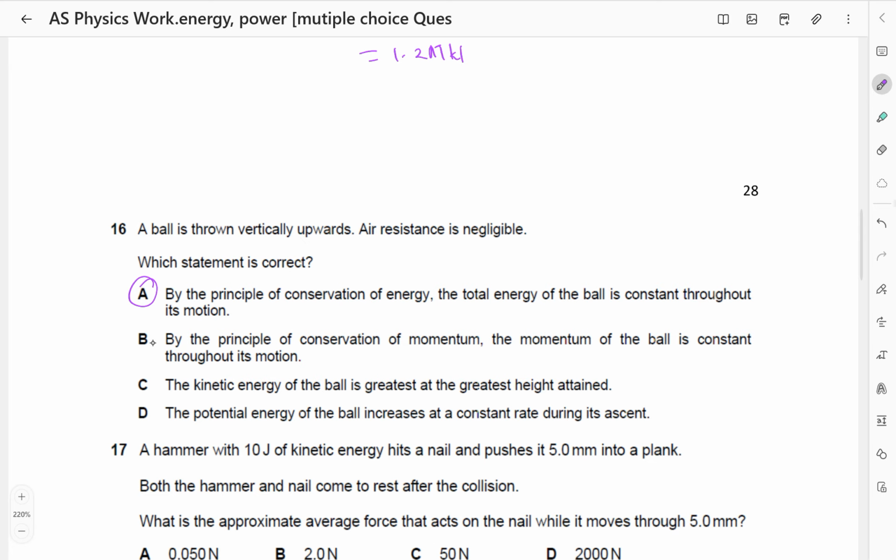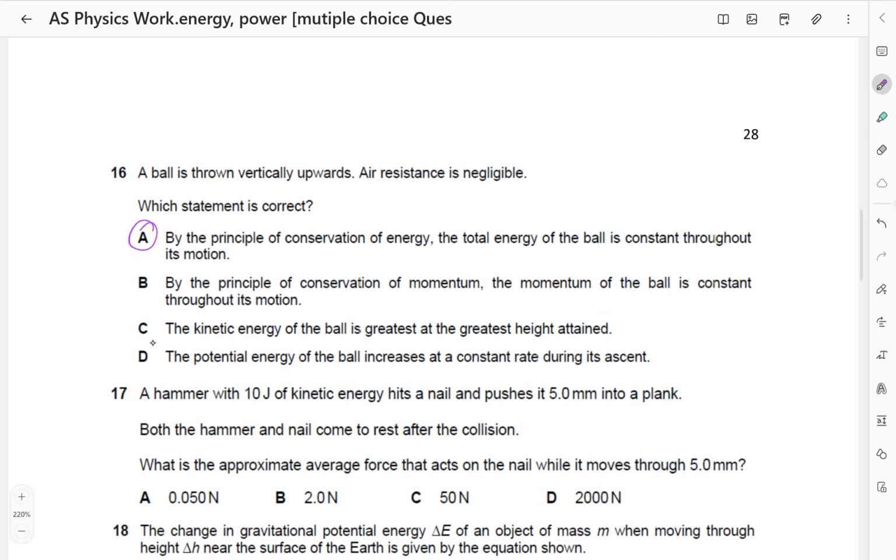It will not be constant because as it moves, the force due to gravity reduces its speed, so the total momentum is not constant.